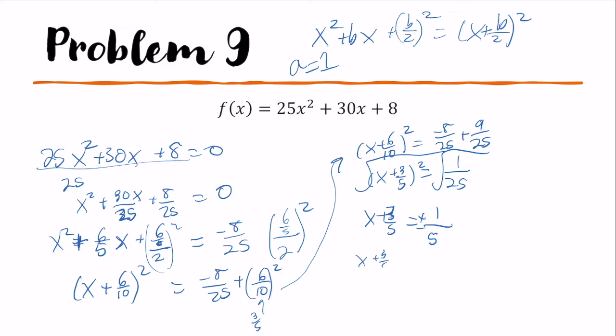So I get x plus 3/5 equals 1/5, and x plus 3/5 equals negative 1/5. So I subtract 3/5 from both sides. I find that x equals negative 2/5 and x equals negative 4/5. And those are our two real zeros.